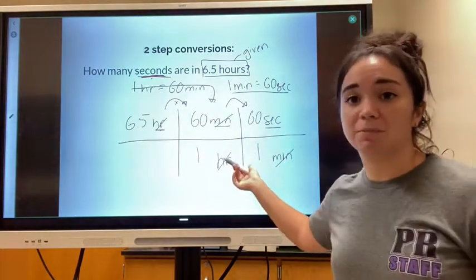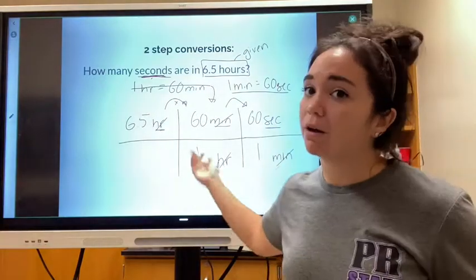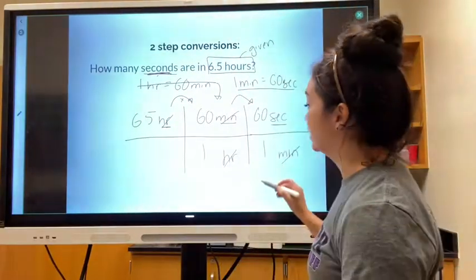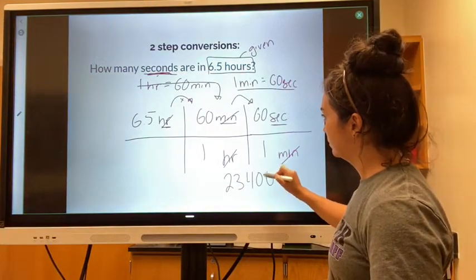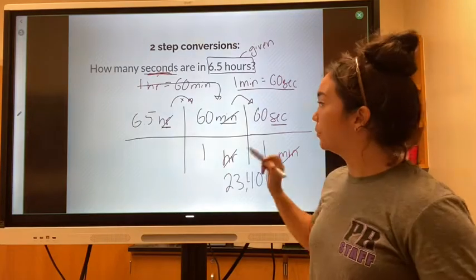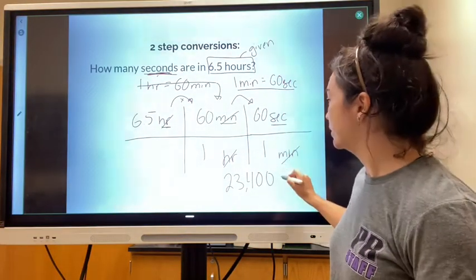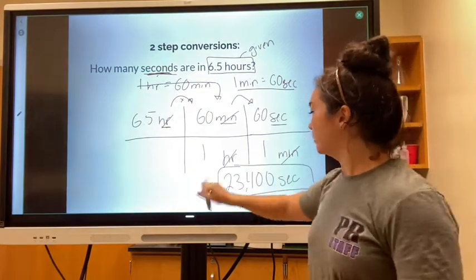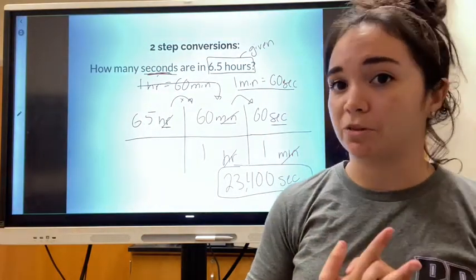But since the bottom is just 1, we don't have to divide by anything. If you had a number on the bottom, you'd have to divide by that. If you do that correctly, you should get this answer. 23,400. Remember, our units that we ended with were seconds. So we're going to say seconds, and that would be your answer. So that's how you do a two-step dimensional analysis.